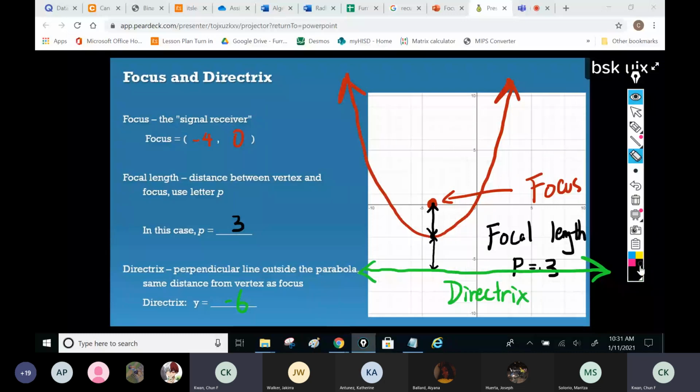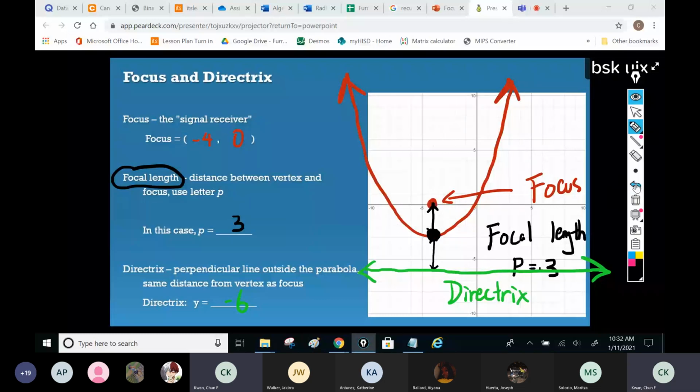So these are the three things that we just talked about. We talked about the focus, which is the signal receiver, inside the curve. Then we talked about the focal length, which is the distance from the vertex to the focus.